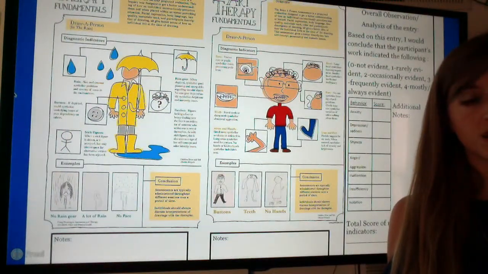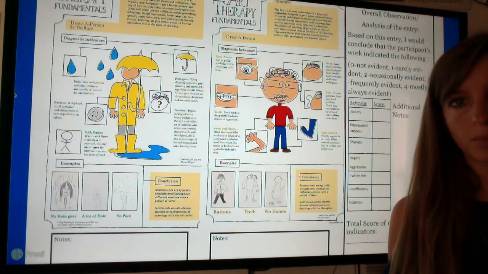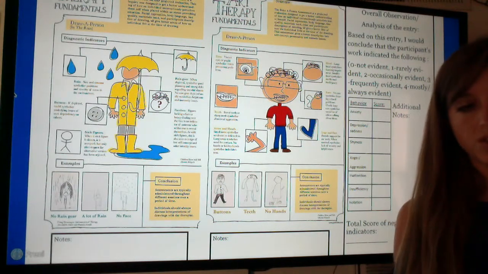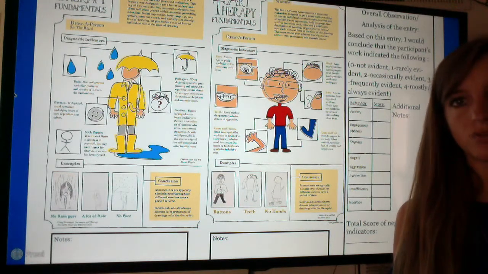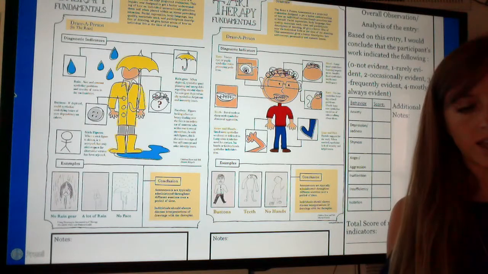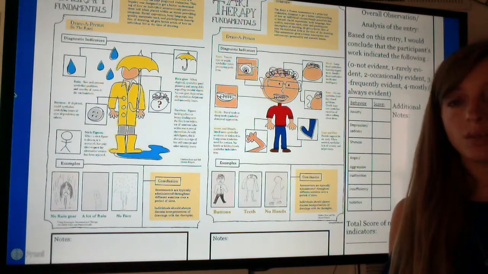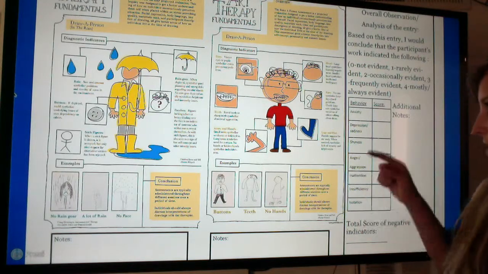Also, there were specific indicators just for that art therapy prompt, "Draw a person in the rain," that would indicate specific behaviors, as well as how they drew their subject within that page placement, and the facial expressions and body language that they chose to include could be indicative of certain behaviors listed here.